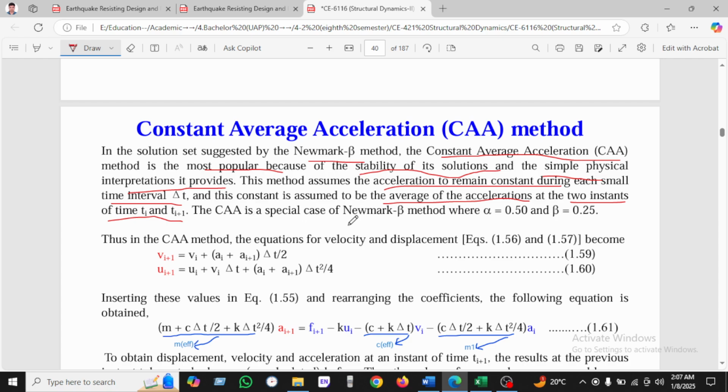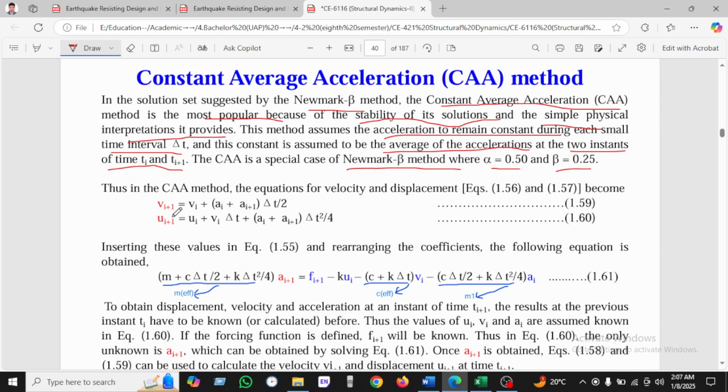CAA is a special case of the Newmark-Beta method where gamma equals 1 by 2, which is 0.50, and beta is 1 by 4, which is 0.25. The velocity term is given by delta t by 2, which is 0.5, and the displacement term is delta t square divided by 4, which is 0.25.